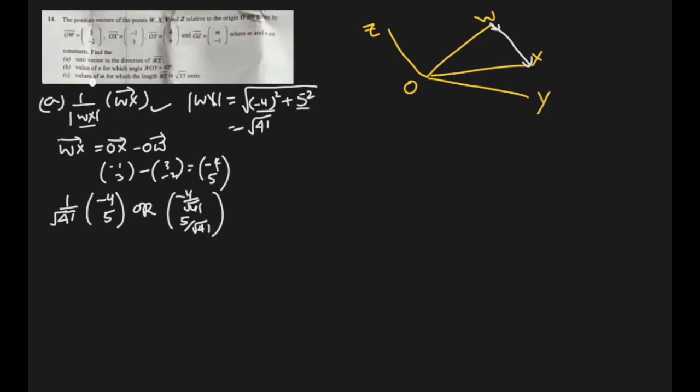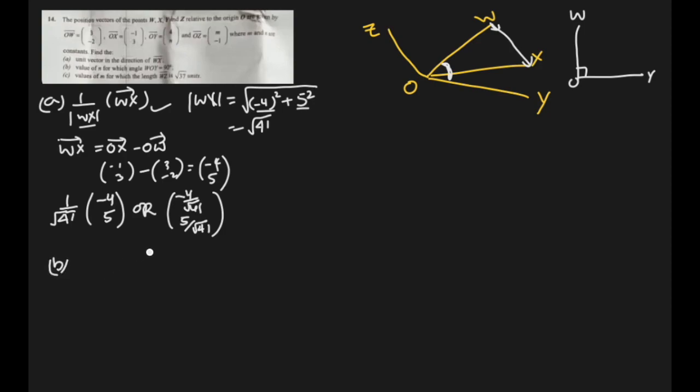Okay. Value of n for which angle WOY is 90 degrees. WOY, this angle is 90 degrees. Means they are perpendicular. So the angle I'm showing here is obtuse angle. Actual is like this. WOY. Whenever two vectors are perpendicular, their dot products should be 0.